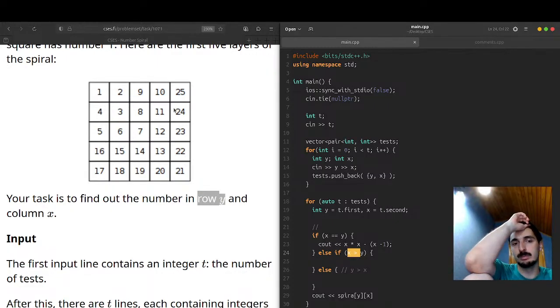Now we have to make some observation here. Like, what is 8? How do we get 8? So 8 is 9 minus 1. 11 is 10 plus 1.